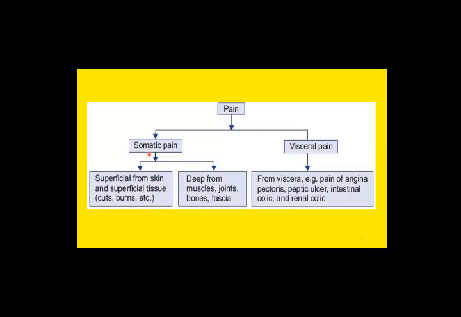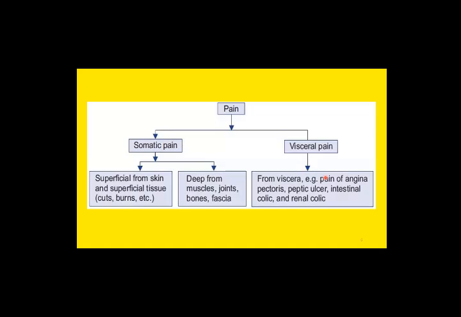So somatic pain includes both superficial pain and deep pain. Superficial, like cuts with a knife or superficial burn. Similarly, deep pain from the deep tissues, the fascia, the bones, the muscles, the joints. So pain arising from these areas can be classified as deep pain.